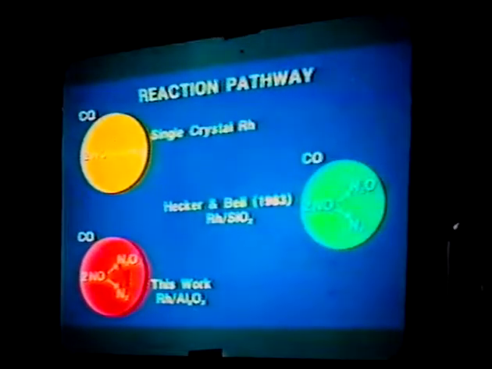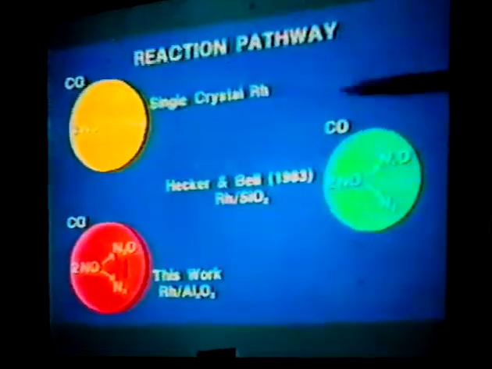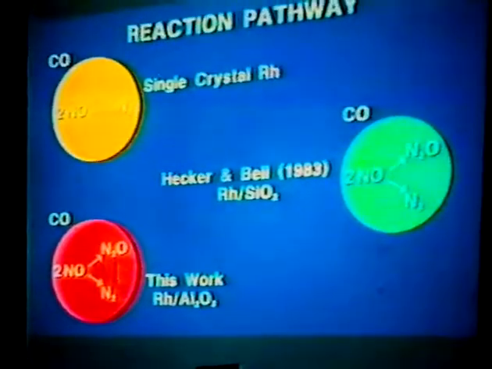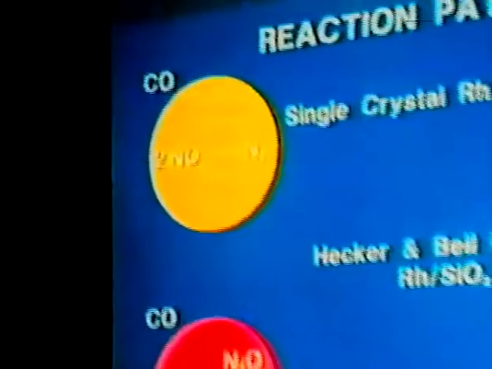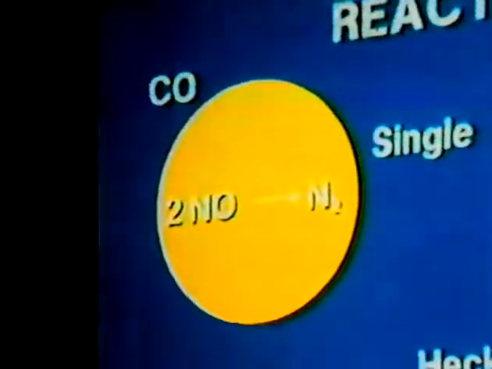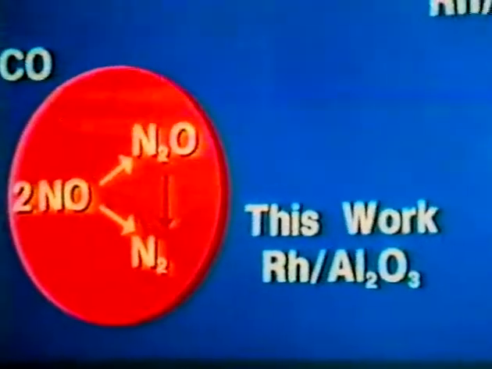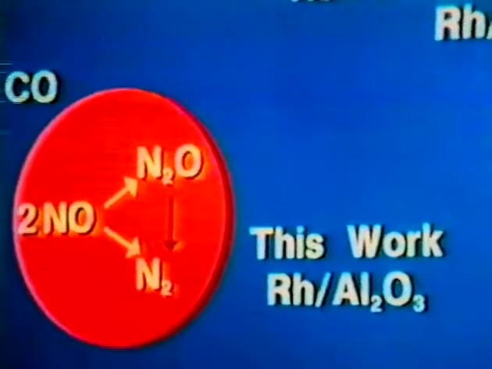And finally, regarding the reaction pathway, it is well known that on single crystal rhodium, nitric oxide does not form nitrous oxide. However, Hecker and Bell observed a lot of nitrous oxide formation on rhodium silicon.